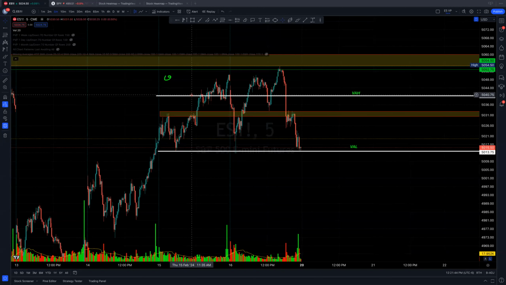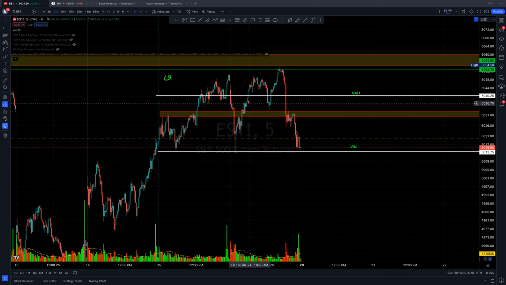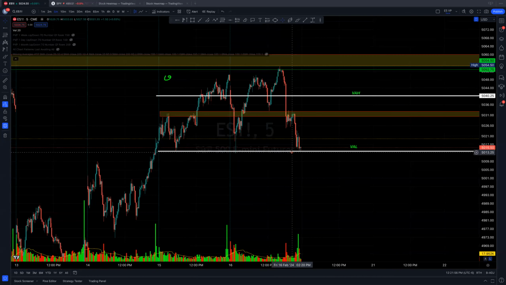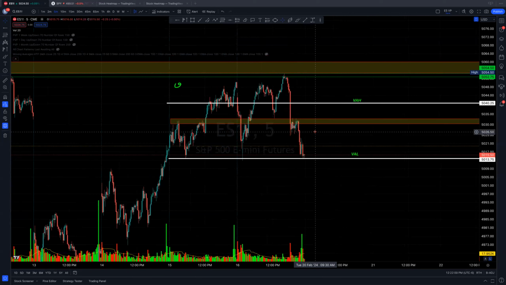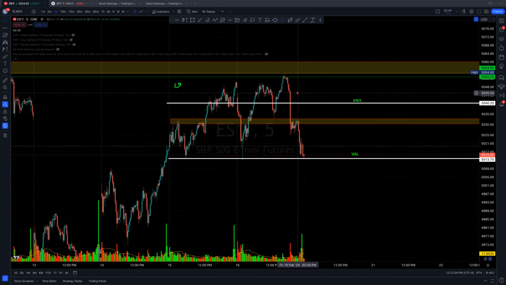Okay, so usually what I like to look for when this happens for this strategy is I want to see price break above the previous value area high or break below the previous value area low. And when I see that happen, if I see a potential reversal, let's say I got in this reversal right here.